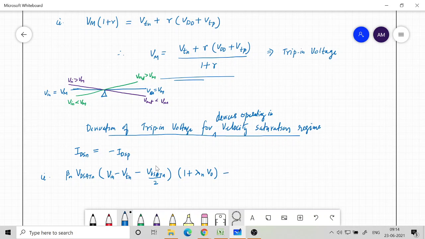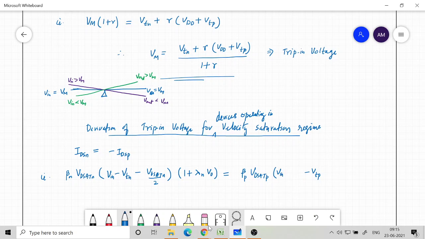So this is equal to, on the other side, beta P into VD sat P into VGS, which is VDD minus, VGD minus VIN, right? VGS minus VTP. Sorry, it should be VIN minus VDD.